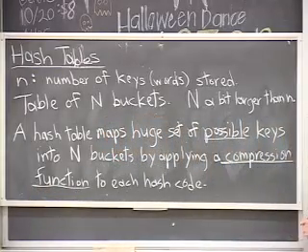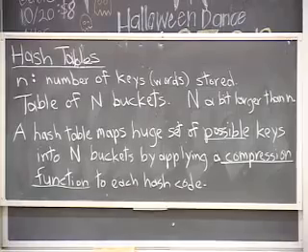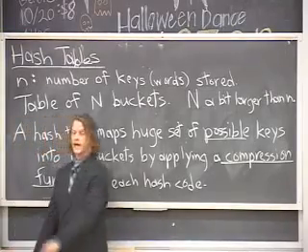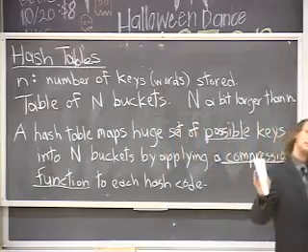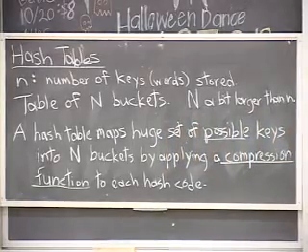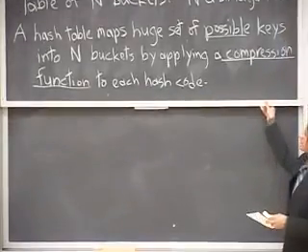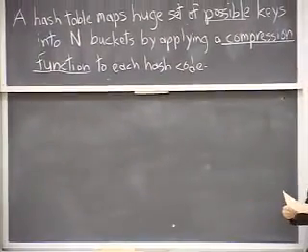So the idea is that if I want, I can still map every possible English word to a number in the range from 0 to 26 to the 45th power minus 1. I can calculate that number. But then I have to compress it down so that I'm not using more than a few million buckets. And there are lots of ways you could do a compression function.